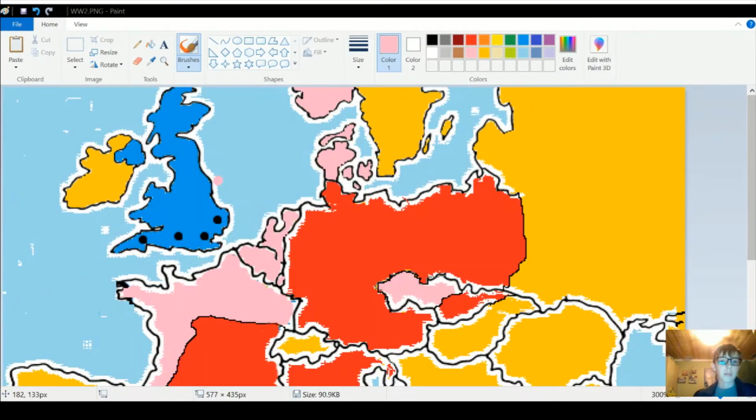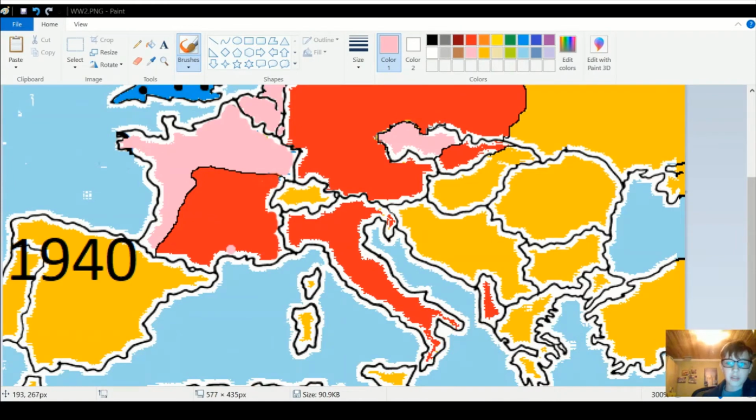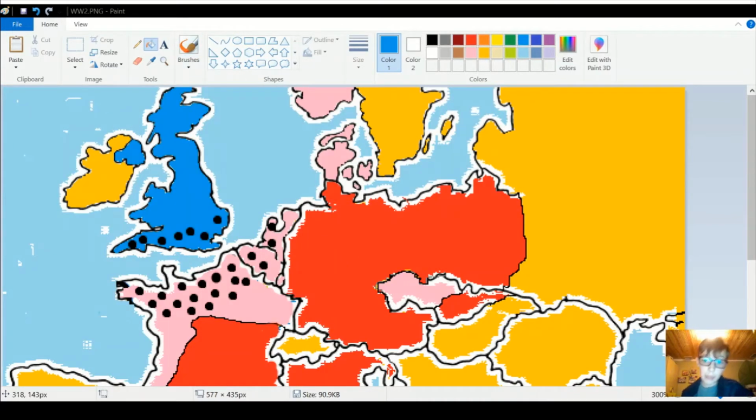So then it kind of made it look like the UK's old ally switched to the German side, which, I mean, that's pretty good tactics, Germany.